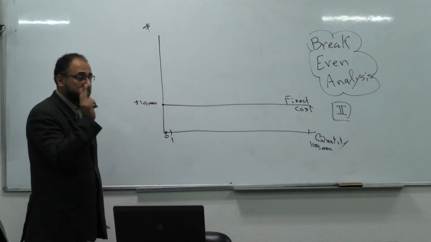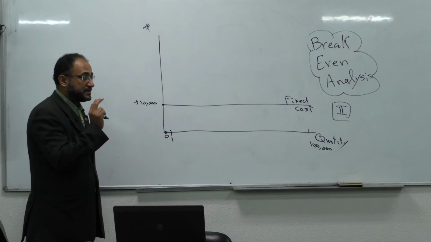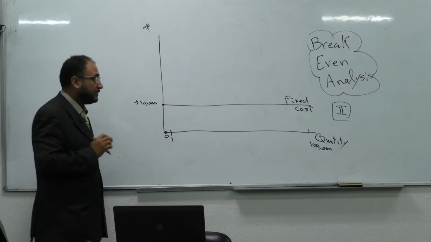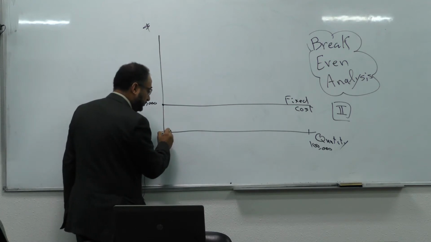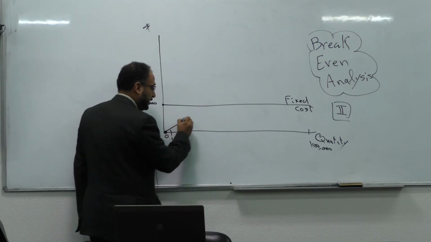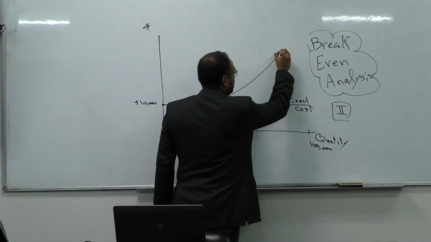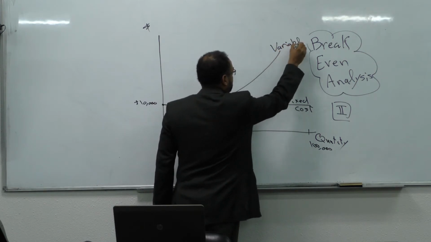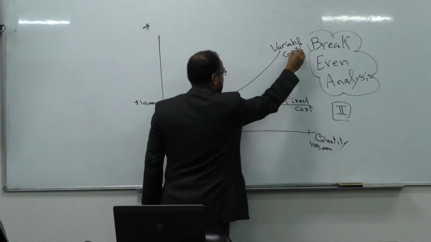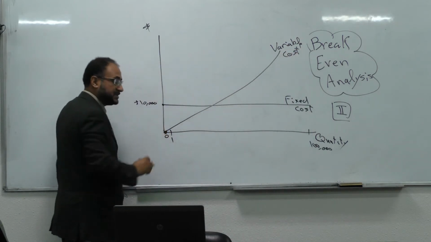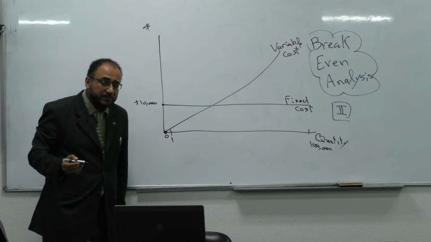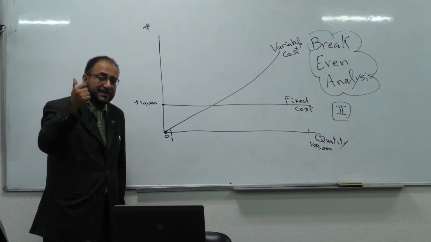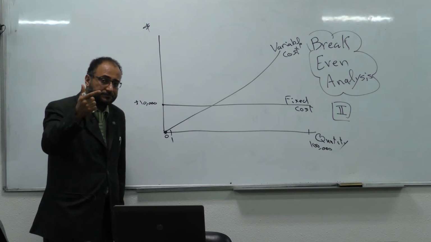Number two, cost number two, which is the variable cost. The variable cost starts from zero and goes that way. So this is the variable cost. It starts from zero when production is zero, because it talks about the labor cost plus the material cost.